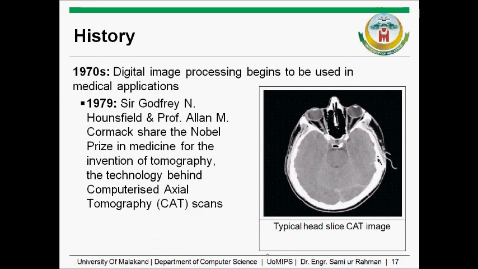Then from 1970 onward, imaging was used in the field of medicine, and in 1977 I think Godfrey Hounsfield took his Nobel Prize for taking the first CT image.